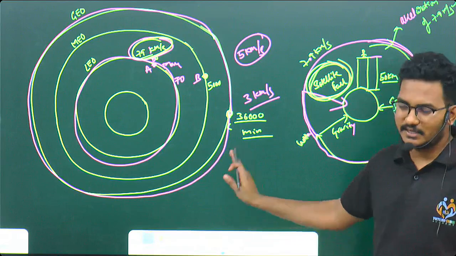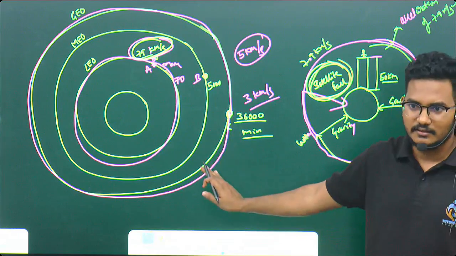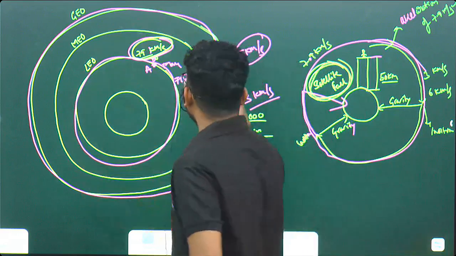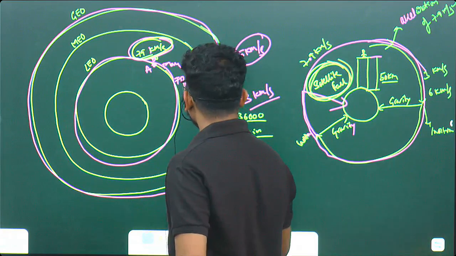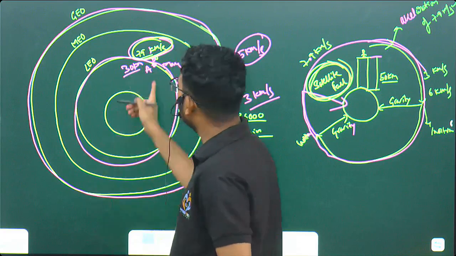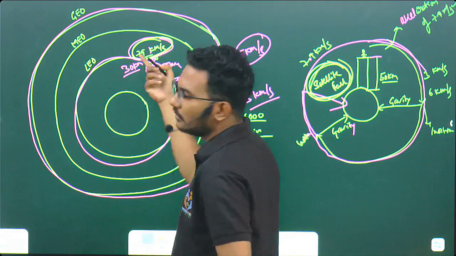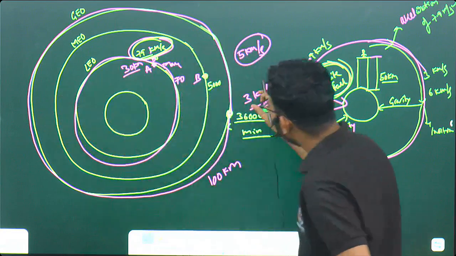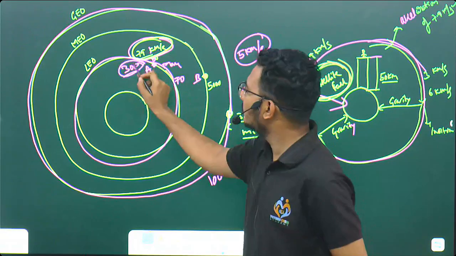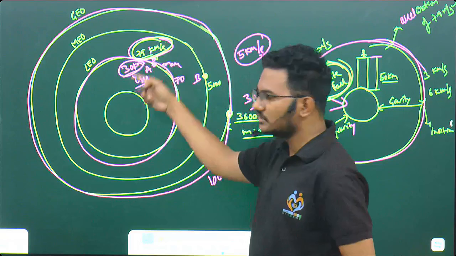C. Okay, C will take less time. Obviously, C. Let's say here the length will be around 100 kilometers and here the length will be around 30 kilometers only. And here the speed is 7.9 kilometers per second, and here the speed is 3 kilometers per second. So to cover 8 times 3 is 24 kilometers, it will take 4 seconds at this speed.